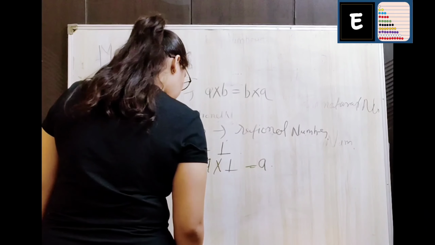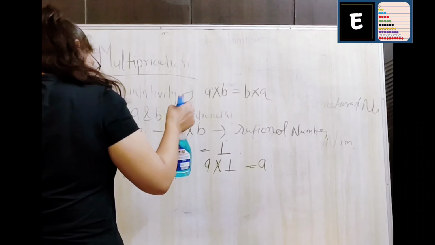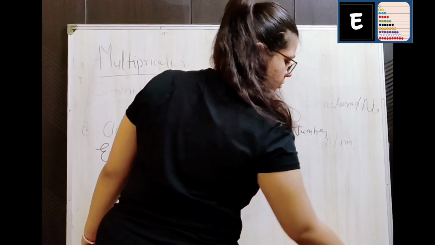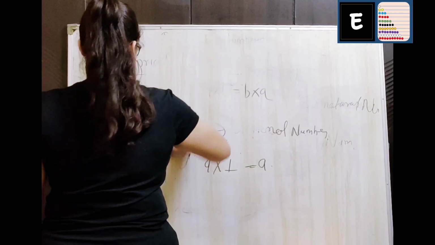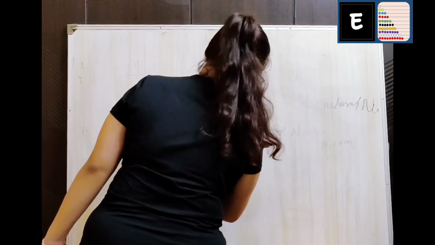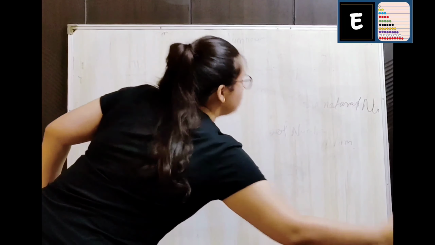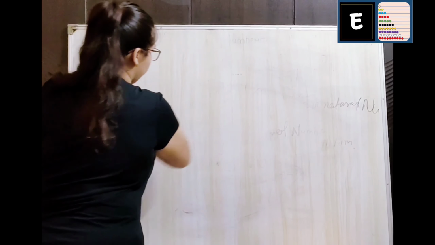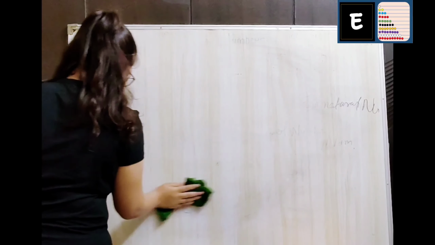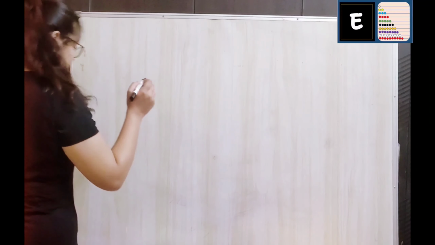Okay. Next we have associative. What is associativity? Next we have our associativity.